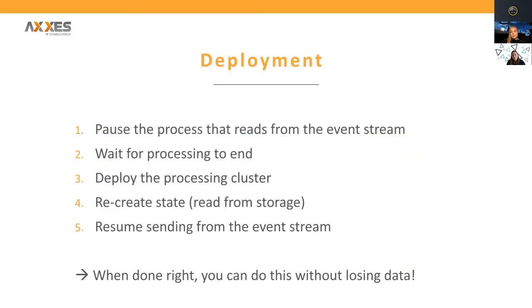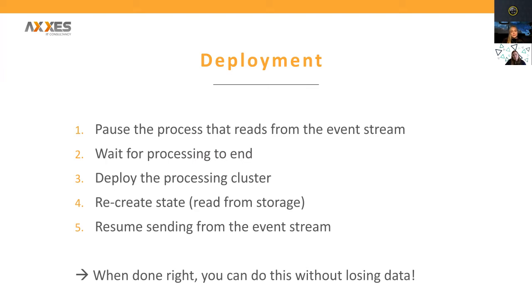Now, when we do our deployment of this whole system, we're basically gonna do it in 5 steps. First, we will pause the process that reads from the event stream. That means that our backend will stop receiving events. And then we can wait for all events that were still being processed, that were still in the queue, to end. And that's the moment that we know we can safely take it down and redeploy all of our processing cluster. Then we restart it, and the next thing we need to do is to recreate all the state that we were supposed to have in memory.